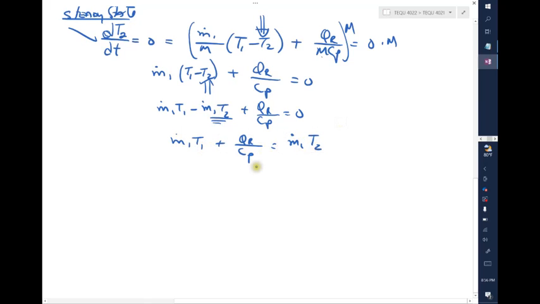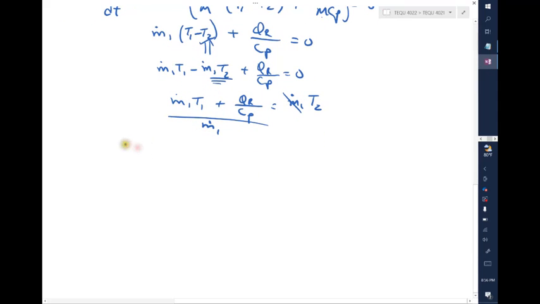If I divide everything by M1, we end up with T2 equals T1 plus QR over the mass flow into the vessel times the constant Cp. This is the steady state equation.